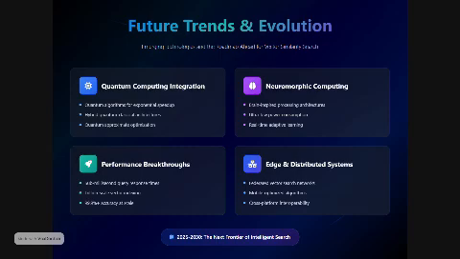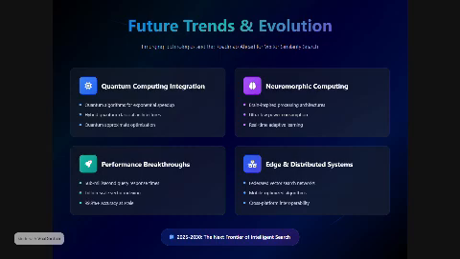Quantum computing integration has quantum algorithms for exponential speedup, hybrid quantum-classical architectures, quantum approximate optimization. Neuromorphic computing has brain-inspired processing architecture, ultra-low power consumption, real-time adaptive learning.